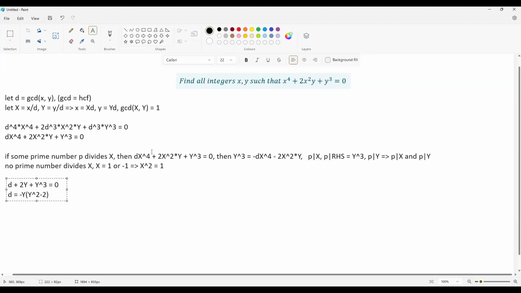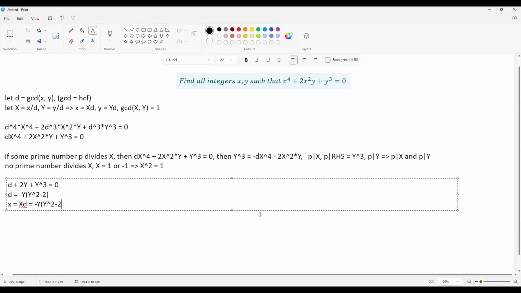And so that means we can now substitute back into these two equations. x is equal to xd, remember x is 1 or negative 1, which is equal to negative y times y squared minus 2, or y times y squared minus 2. And y is equal to yd, which is equal to negative y squared times y squared minus 2.